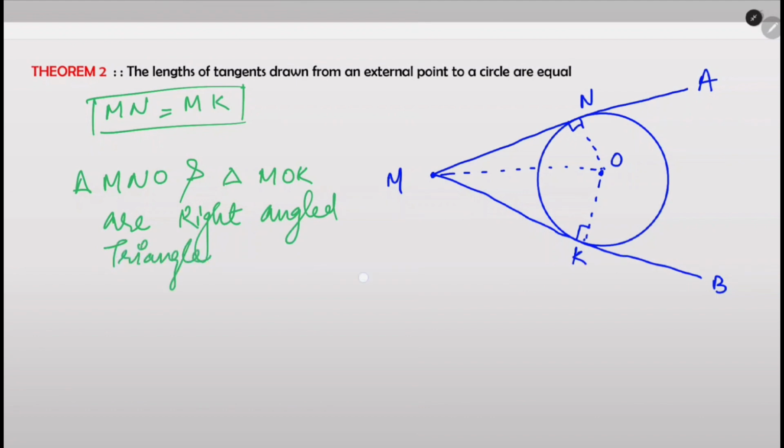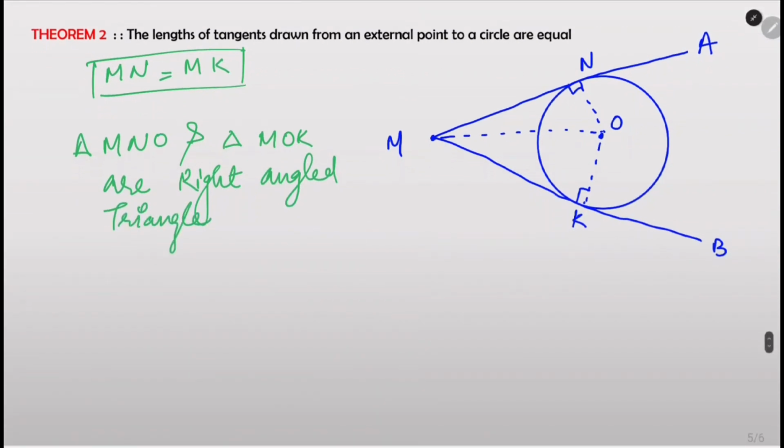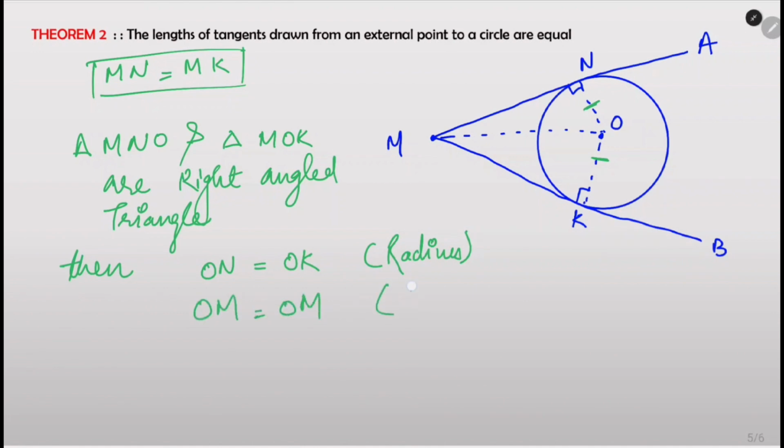So if they are right angle triangles, then in this circle, ON will be equal to OK because they are radii, and OM will be equal to OM because it is a common line.